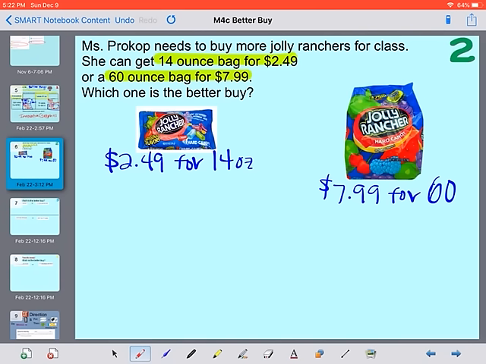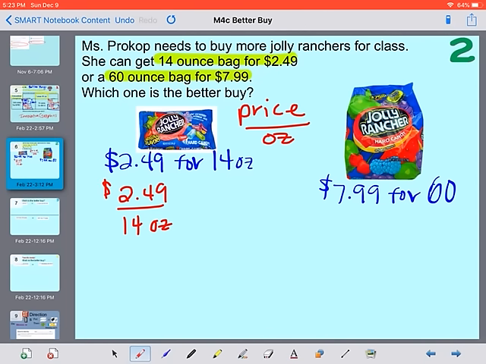So we can write these both as fractions. We can divide. $2.49 for 14 ounces. We need to figure out what's the price per ounce. If we have a price, it's always going to go on the top of our fraction. Price per ounce or price per item, whatever item we're getting. Here we're talking ounces. So if we divide to find the cost for 1 ounce, $2.49 divided by 14 gives us a really long decimal.